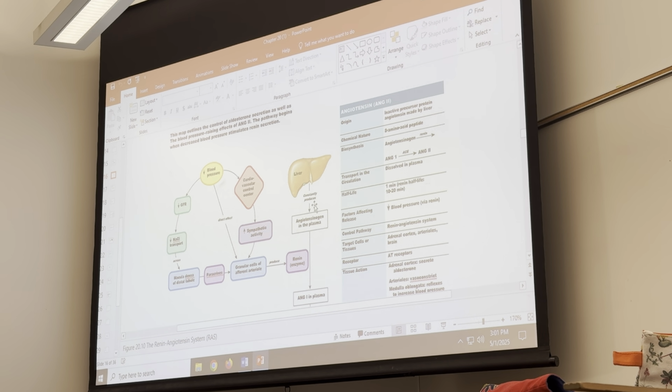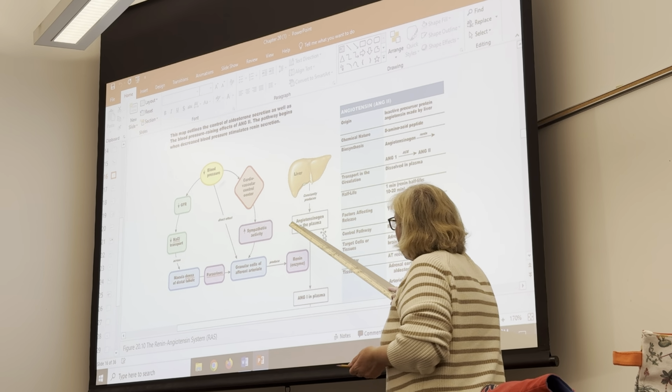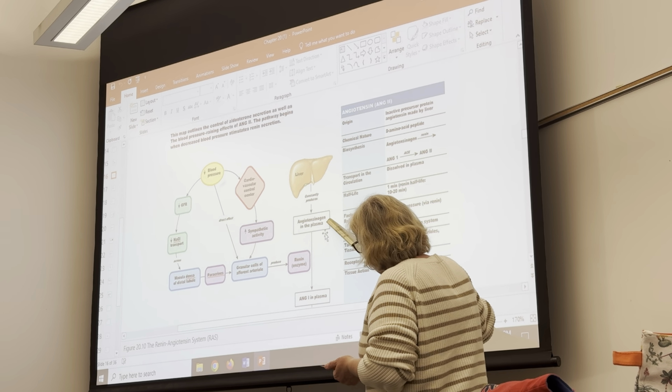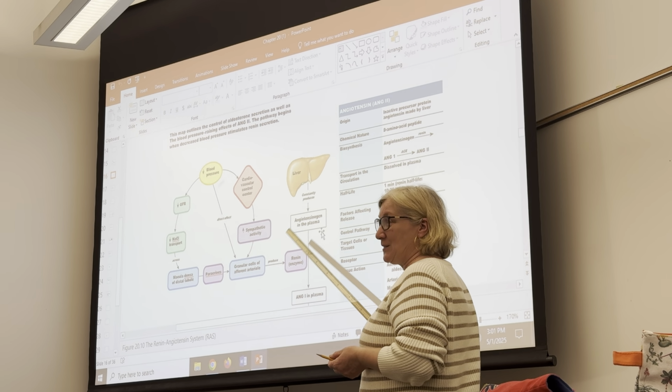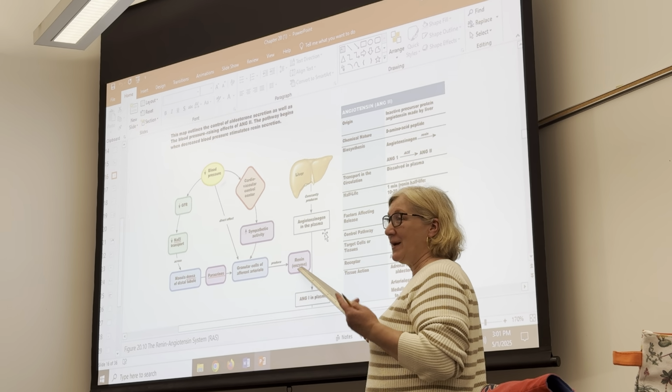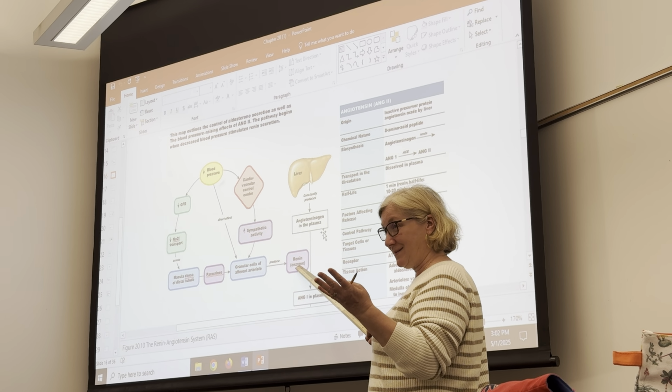Because the liver produces something called angiotensinogen. When you see something ending like this, "gen," that suggests it's a precursor, something before the active protein. So the liver always produces angiotensinogen. It's floating in the plasma, waiting for the renin to be released.